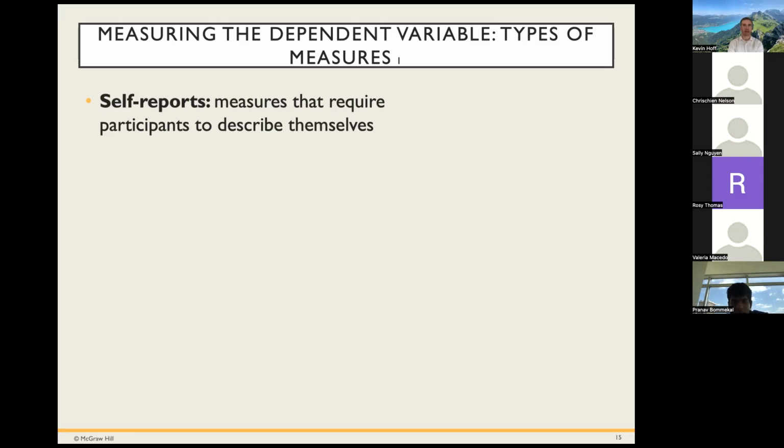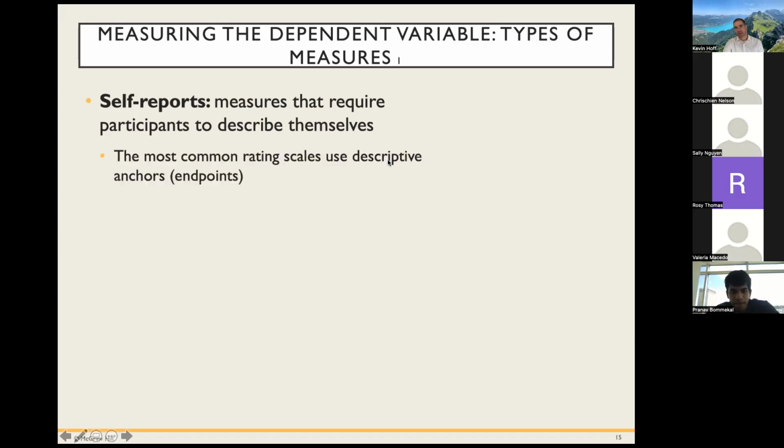Focusing on the dependent variable or the outcome variable, there are different ways of measuring that. We'll talk about 3 main types: self-reports, behavioral measures, and physiological measures. I'll talk about each of them next.